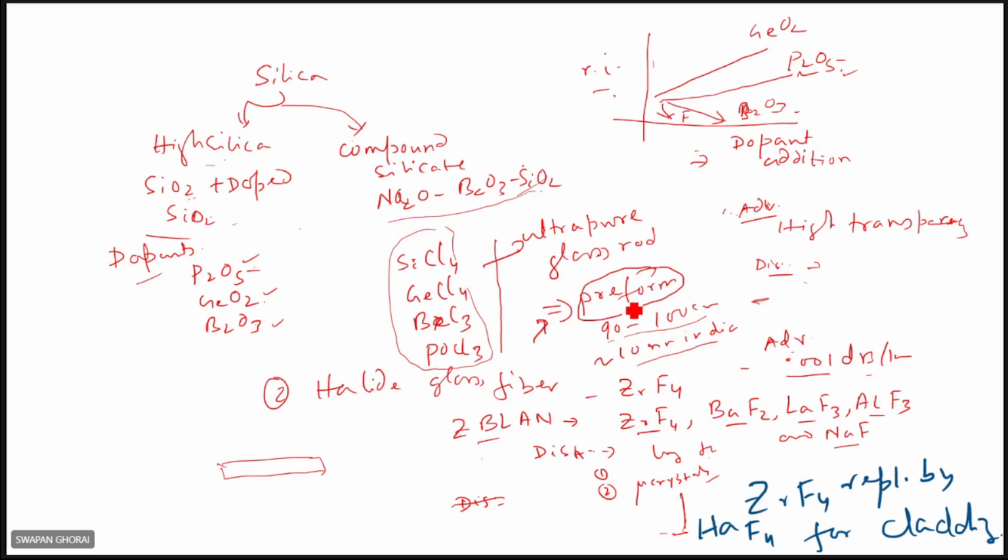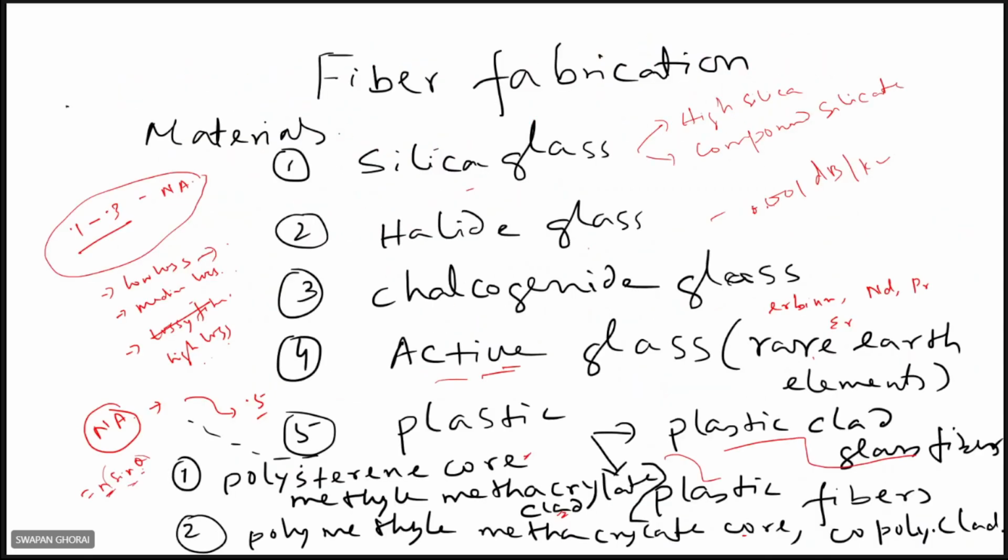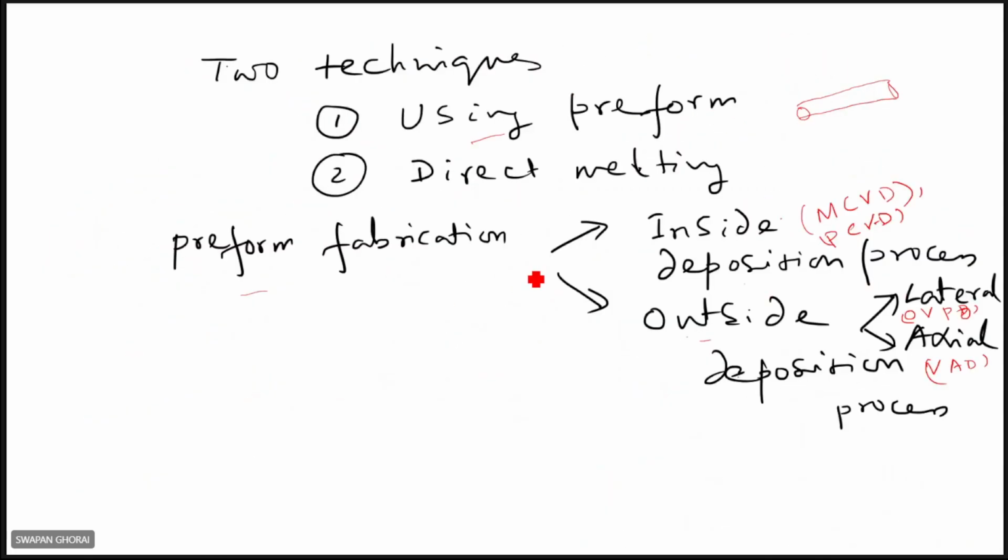When this preform is heated around 1500 degrees centigrade to 2000 degrees centigrade, then fiber will be made. Fiber can be drawn from the preform. We'll see how preform is made and how fiber is drawn from preforms. So this ultra pure glass rod is called preform, and that preform is made from the vapor phase reaction of these chemicals. That is the preform fabrication technique.